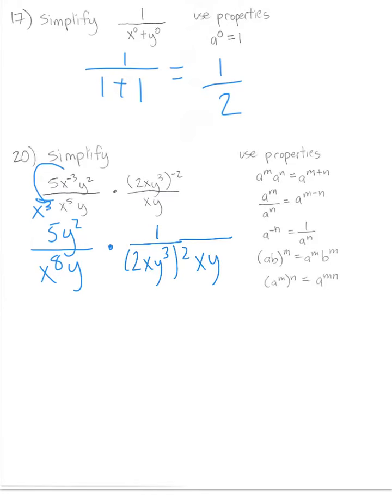And then I'm going to take my steps to further simplify. So when I come over here, what I notice to myself is that the 5 and the x to the eighth aren't going to simplify. But if I have y squared on top and a y to the first essentially on the bottom, here's what that's going to look like.